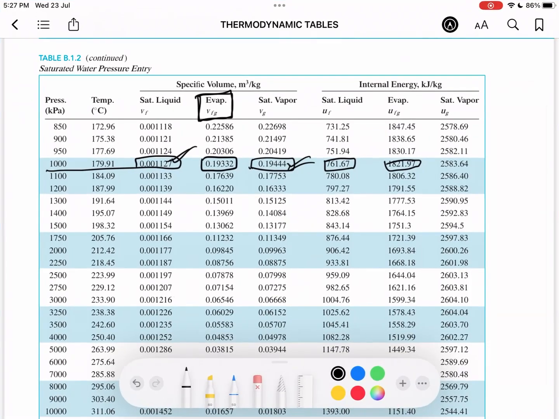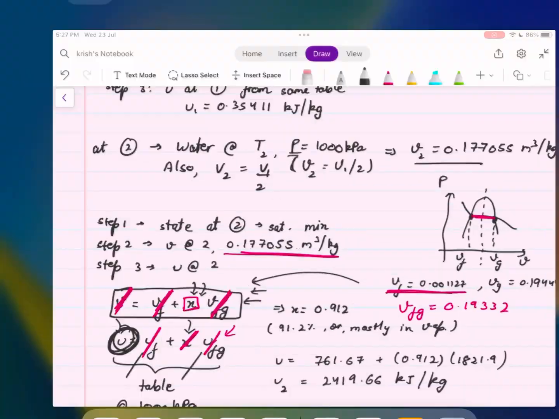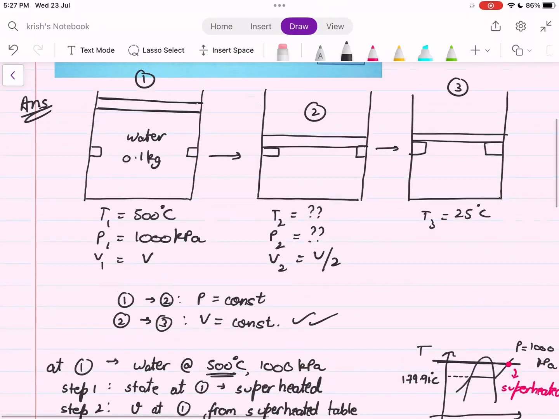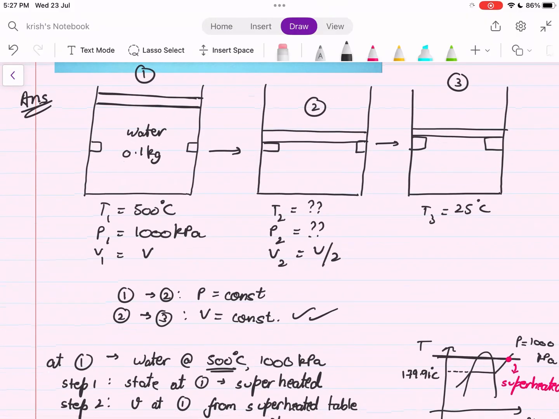And if we see at 1000 kilopascals, the saturation temperature is 179 degrees Celsius. That means from the initial state of 500 degrees Celsius, it has lost some heat, which is why the energy of the water has been lost, which is why the piston has come down and it has gone to 179 degrees Celsius.